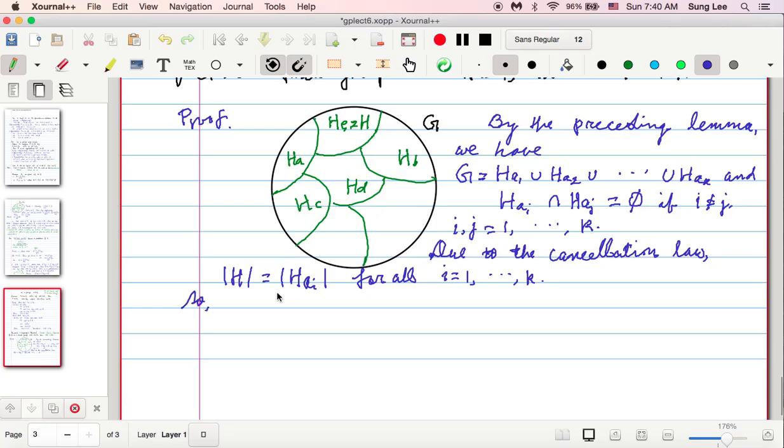So I mentioned earlier, the order of g in this case can be obtained by adding the orders of those cosets.